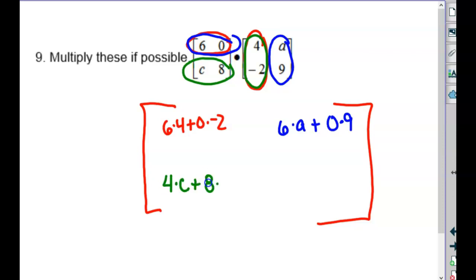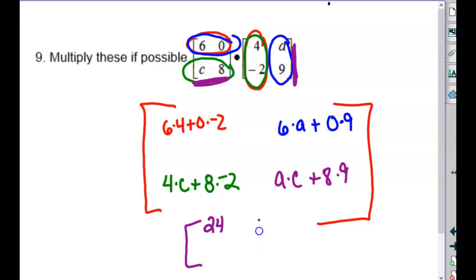Plus 8 times negative 2. And then if I do purple, this row times this column over here would be A times C or C times A plus 8 times 9. So what would that look like if I simplified it down a little bit, guys?